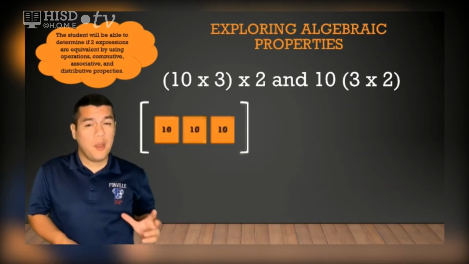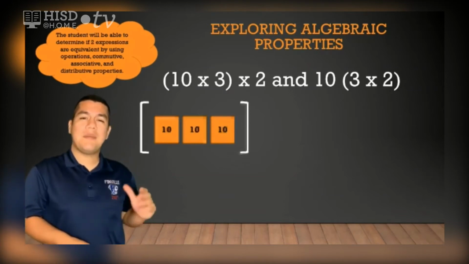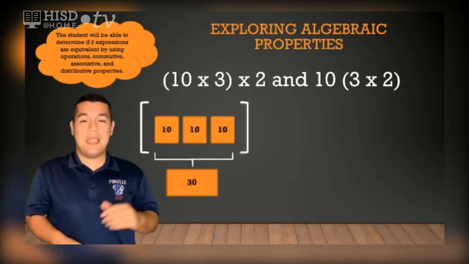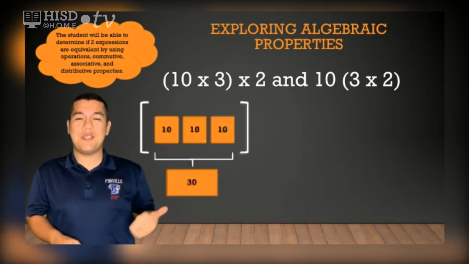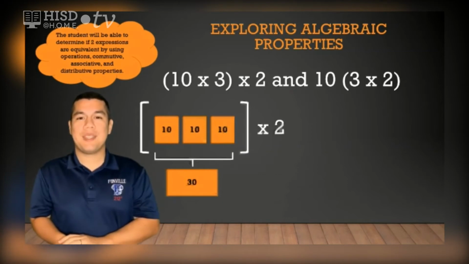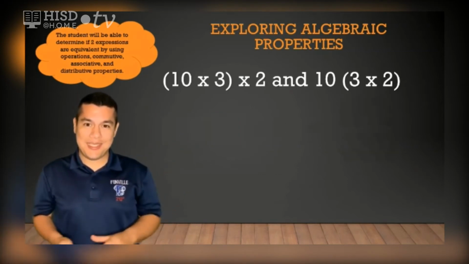If we have 3 groups of 10 inside of a parentheses, that means that I'm going to have a total of 30. And if I have the times 2 outside, that just means that I have to multiply 30 times 2. And that means that I'm going to have a total of 60 units.